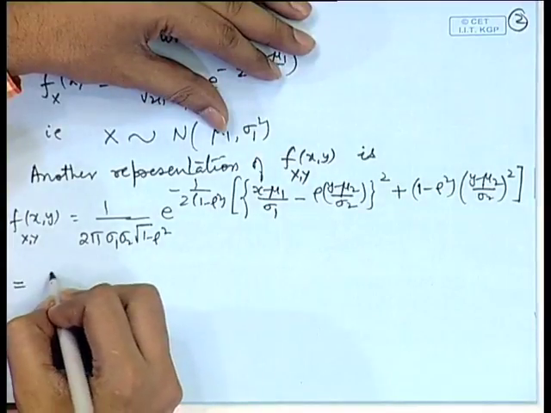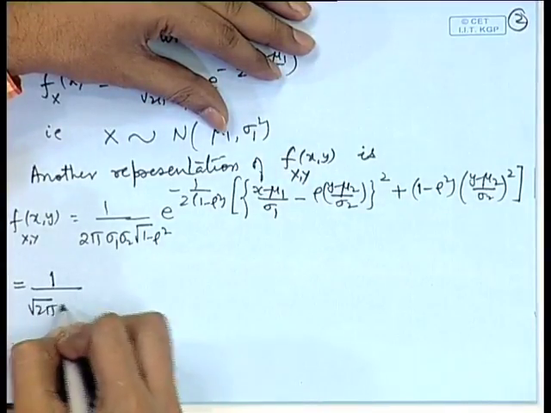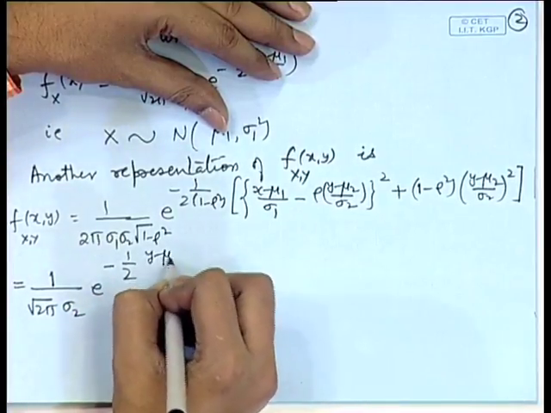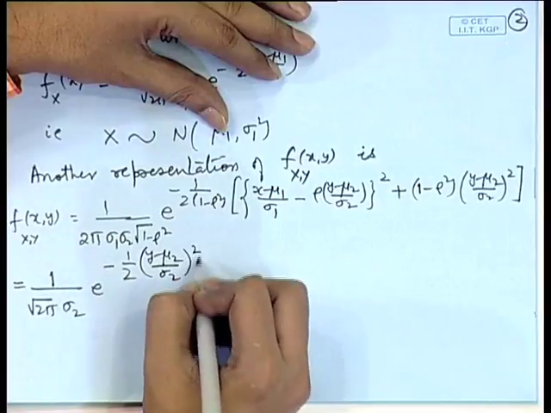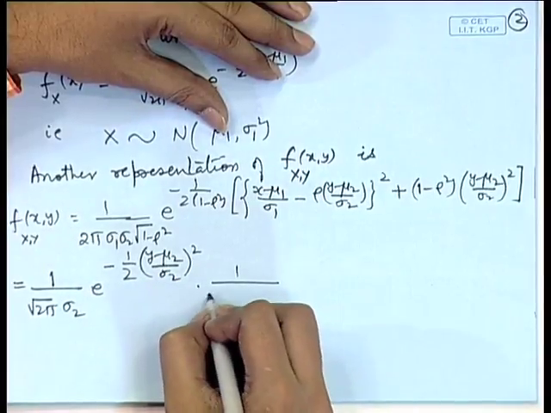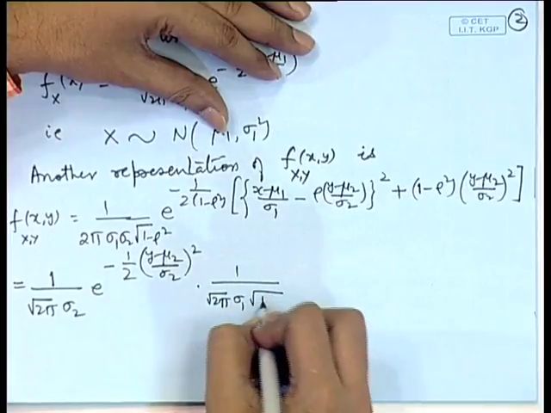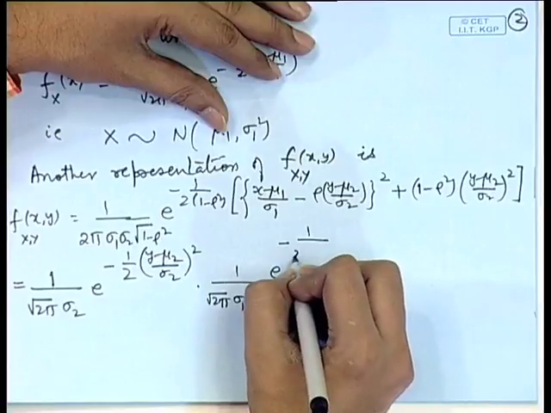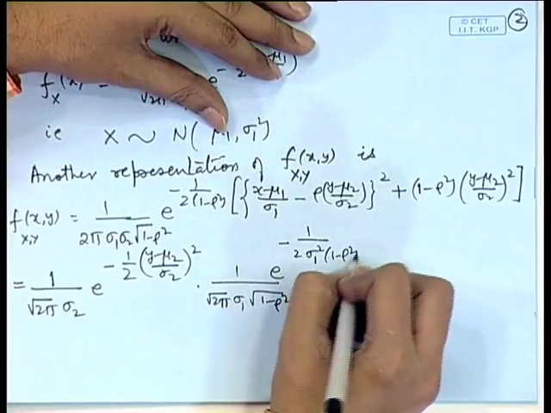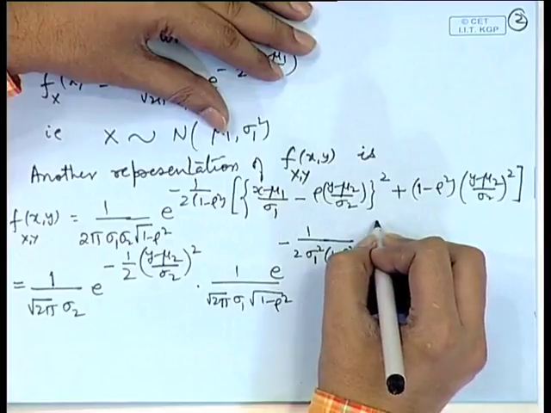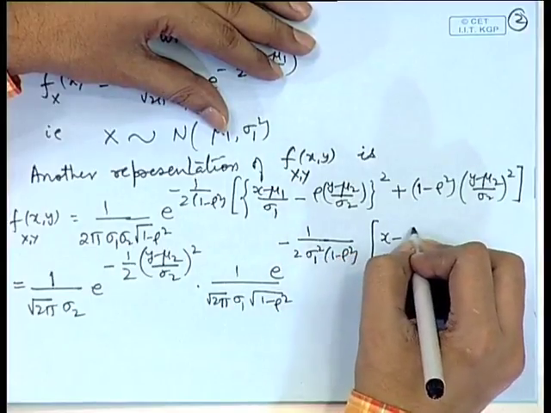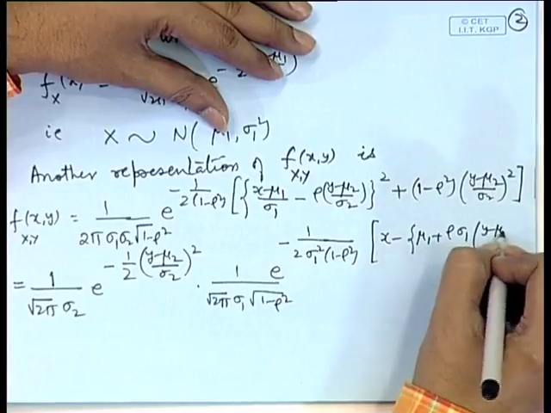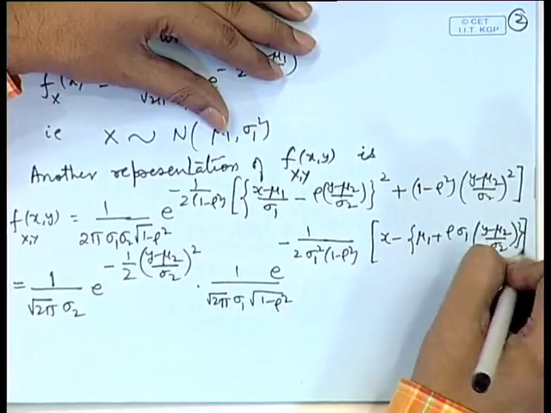So, we can write it as 1 by root 2 pi sigma 2 e to the power minus 1 by 2 (y minus mu 2 by sigma 2) whole square, times 1 by root 2 pi sigma 1 root 1 minus rho square e to the power minus 1 by 2 sigma 1 square 1 minus rho square, and (x minus mu 1 plus rho sigma 1 (y minus mu 2) by sigma 2) whole square.